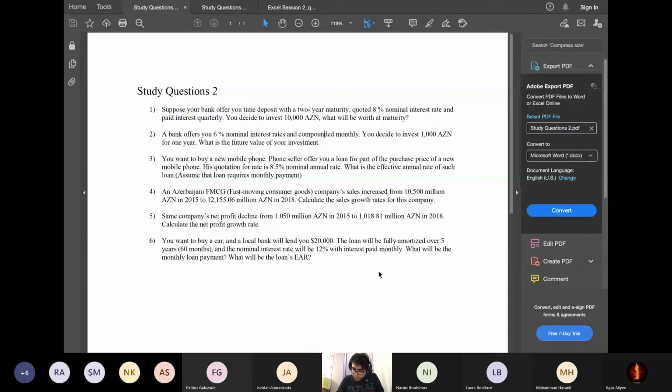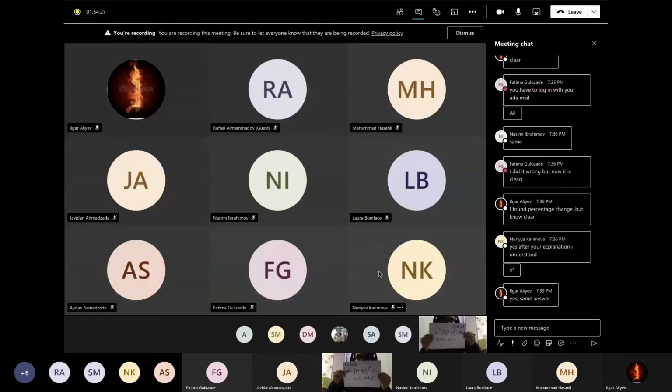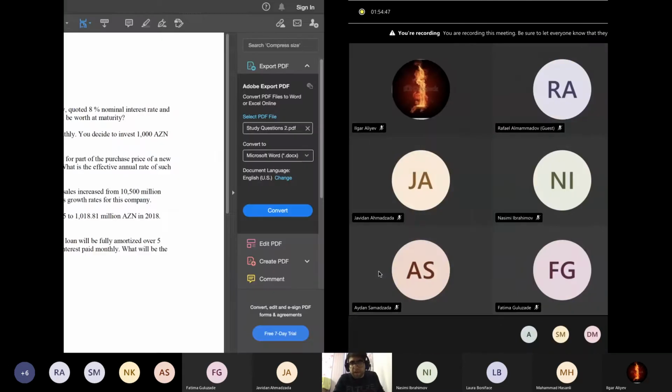And it should be 12.68%. Let me check if it's correct or not. Yes. This is the effective annual rate. Do you have any questions? I think no question. There shouldn't be a question.